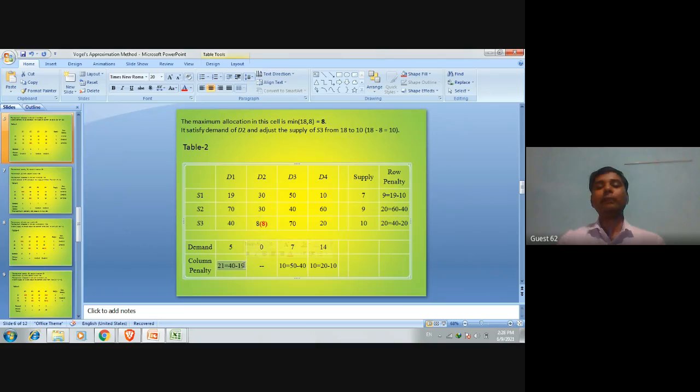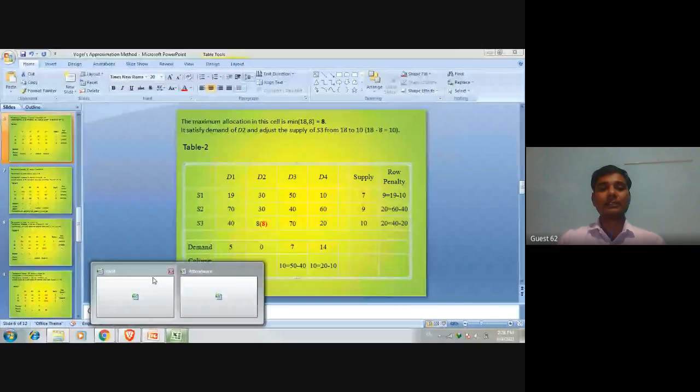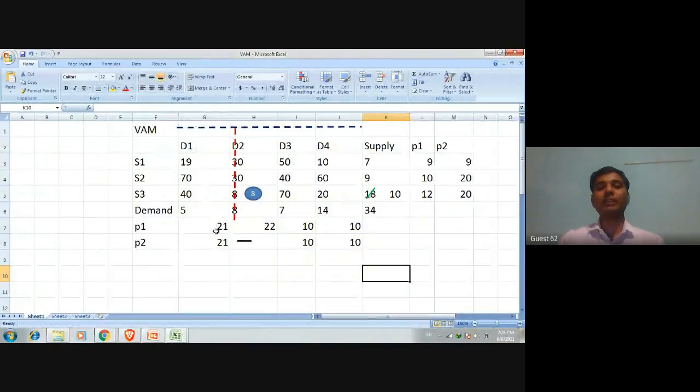This 21 penalty is maximum. So we will select the column D1 and the minimum per unit transportation cost according to the rule. Among 19, 70 and 40, which is minimum? That is 19.